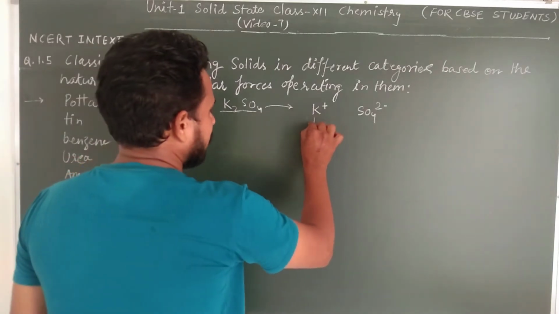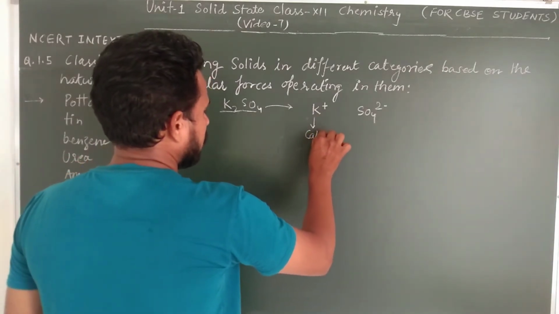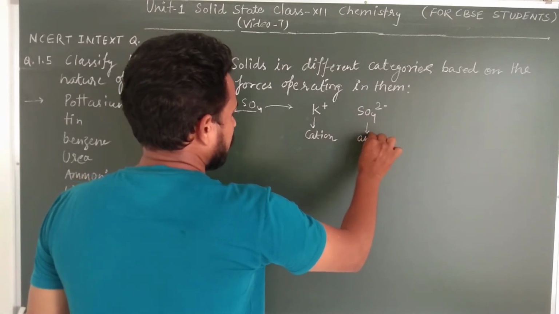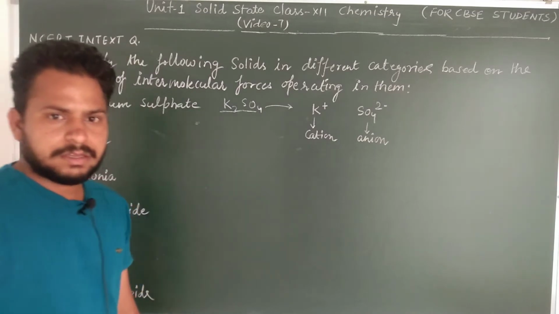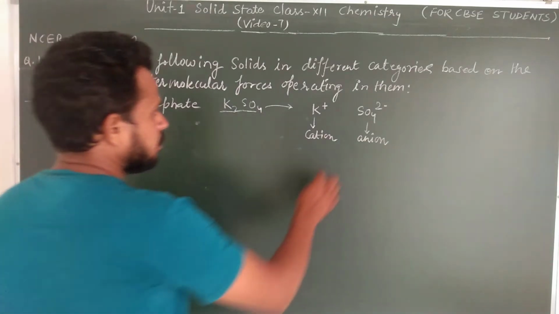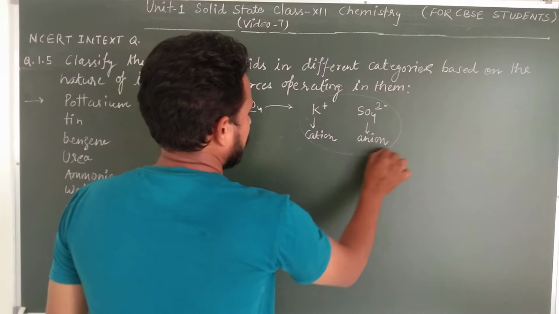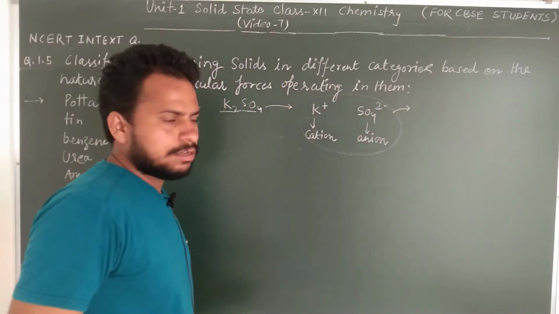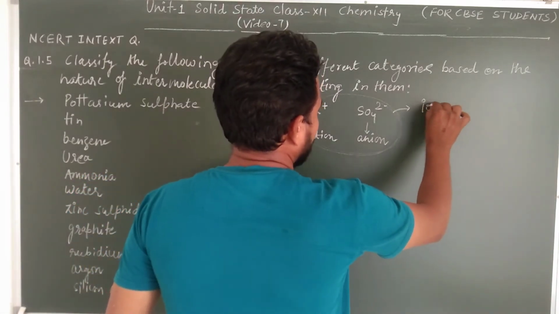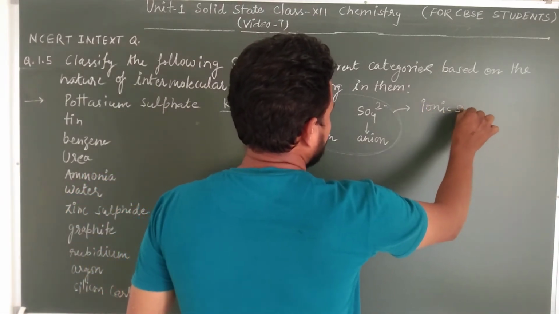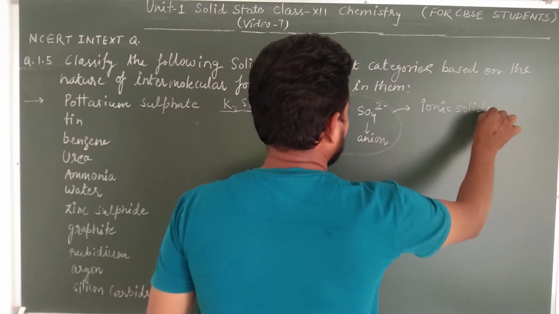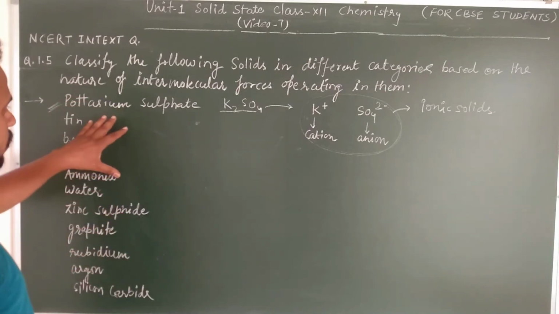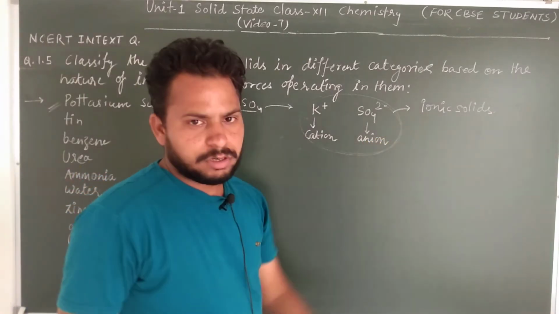So this is the cation and this is the anion. And this phenomenon comes under which type of solid? Ionic solids. So the first solid is under ionic solid.